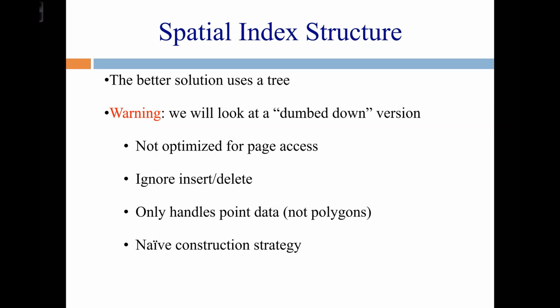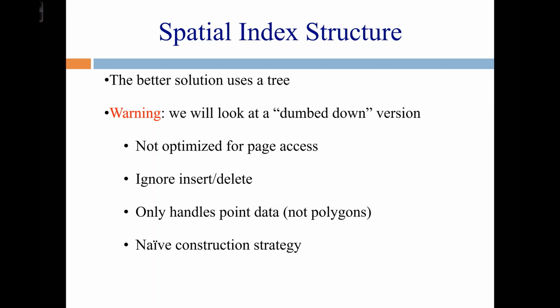It's a different kind of tree. We're going to look at a very dumbed down version of it. So the real data structure that most DBMS use is called an R tree. We're going to look at the ideas of an R tree, but it won't actually be an R tree because we're making a lot of simplifying assumptions.